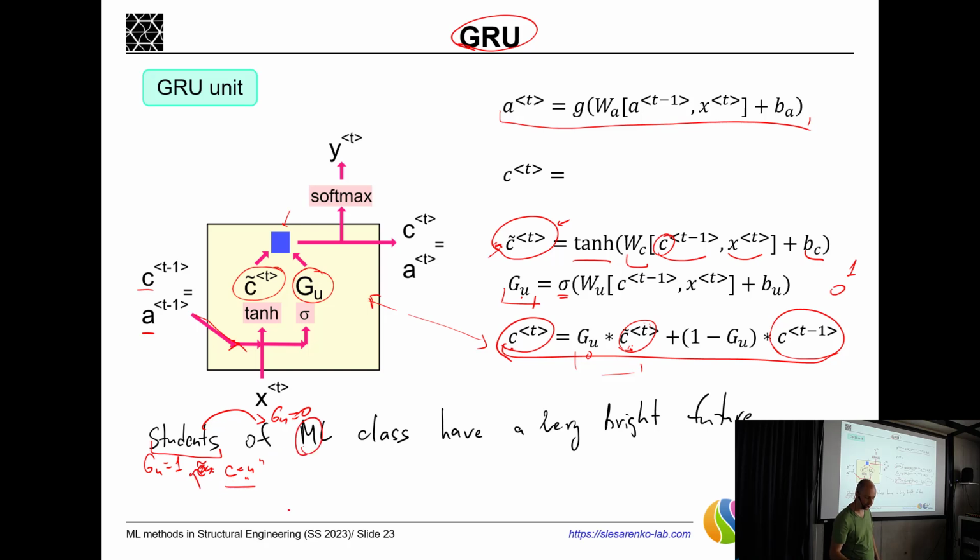Then we have machine. GU will still be 0. This update gate will be 0. And therefore, we still keep this information about students. We still didn't rewrite the value of C. Then GU is equal to 0 again. C is still C1. Absolutely the same.